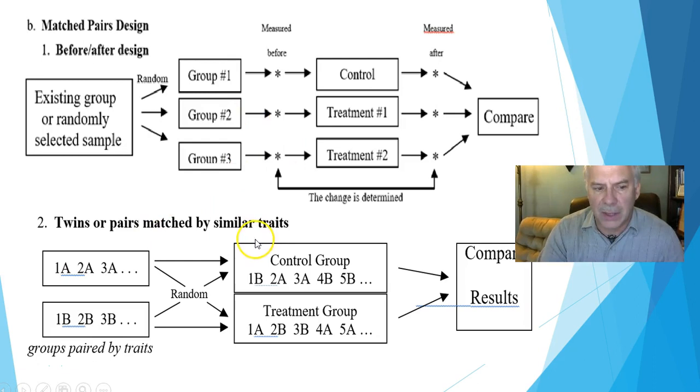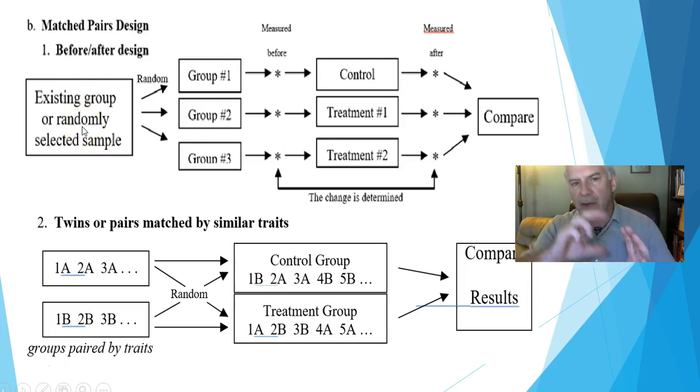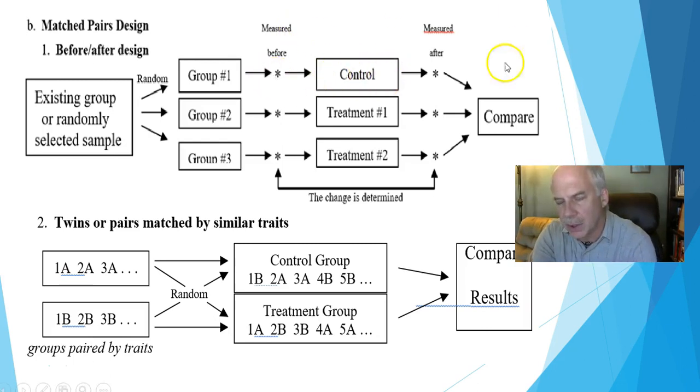Another situation is the matched pairs design, before and after design. You have an existing group and you divide it up into 3 groups, let's say group 1, group 2, group 3, and then you measure some quantity before. Then you do the treatment or the control.